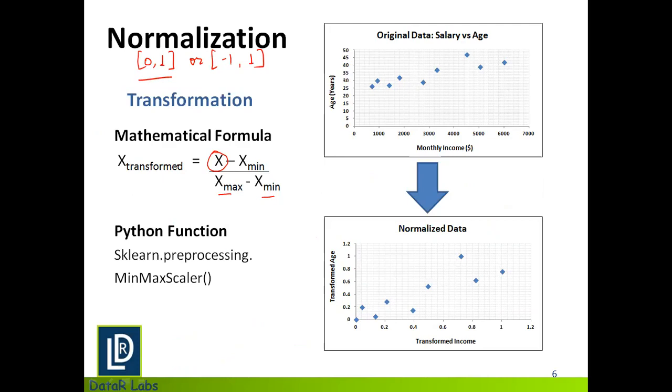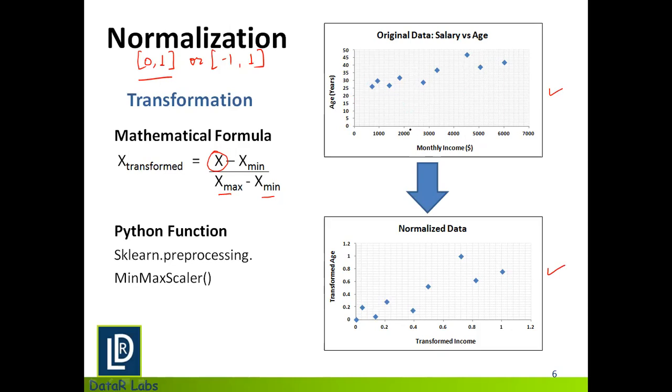So using this formula, I convert my data feature into a transformed data feature. If I have to look at it in terms of a figure, how does that happen? I have converted both income and age, and I have represented it as a scatter plot for the original data and then for the transformed data. If you look at the data distribution, first of all, the data distribution in both cases looks very much similar.